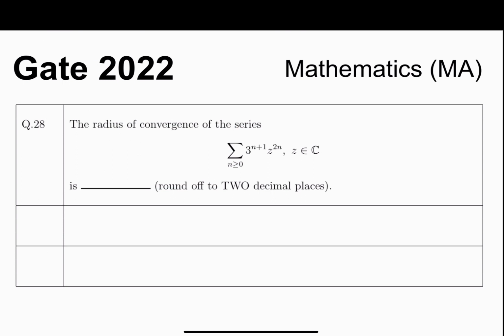So the radius of convergence of this series is 0.58, rounded to 2 decimal places. Okay.